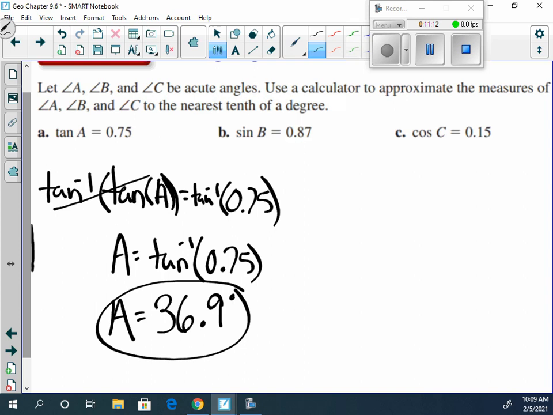Because we want tangent inverse of 0.75. What it's doing is taking that opposite over adjacent, that ratio of the side lengths, and taking it back to the degree. So if you were to type in tangent of 36.9 degrees and hit enter, you will get something that's close to 0.75, because we had to approximate the angle. It'll take you back to it.